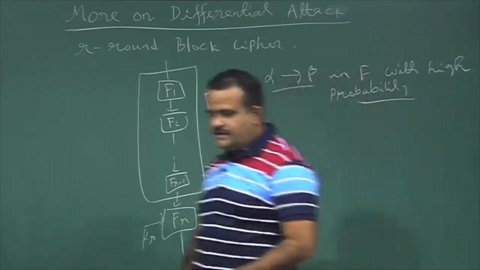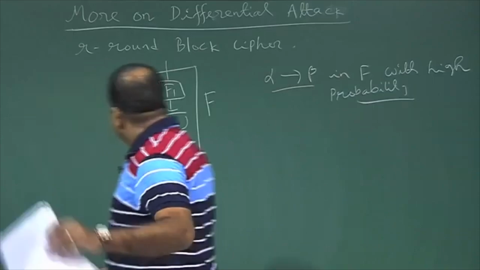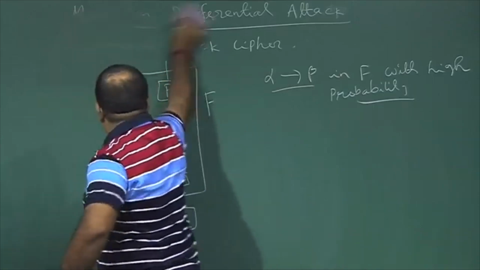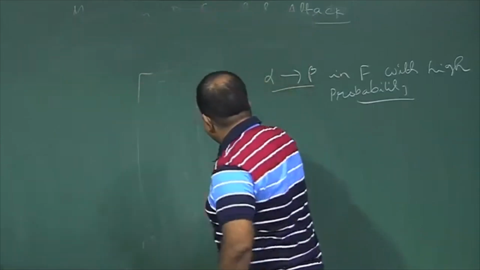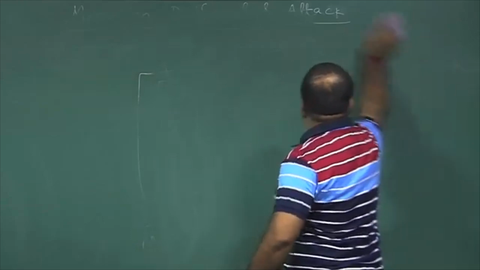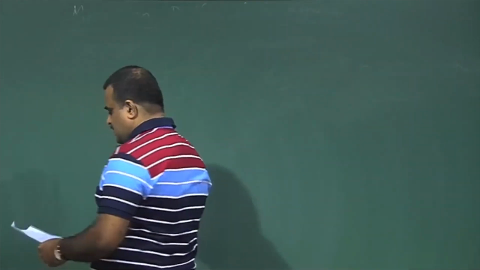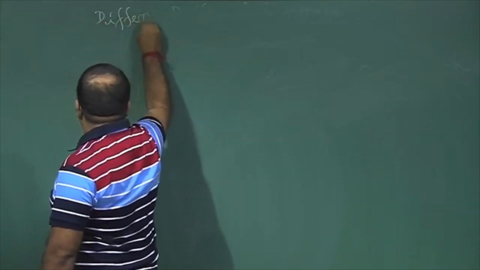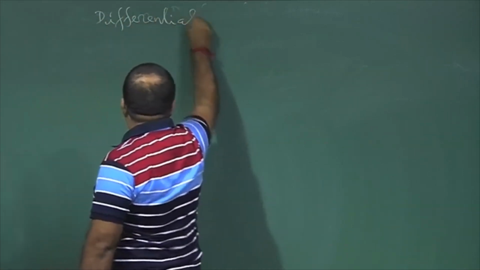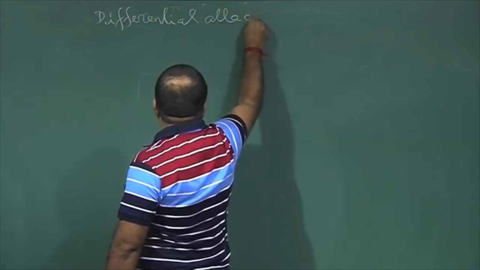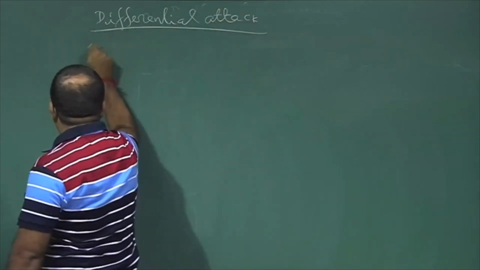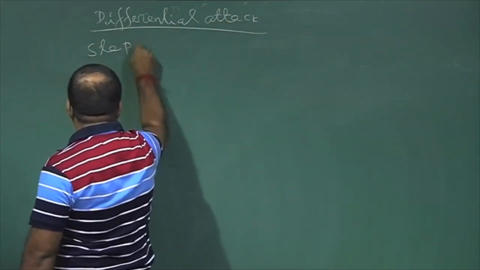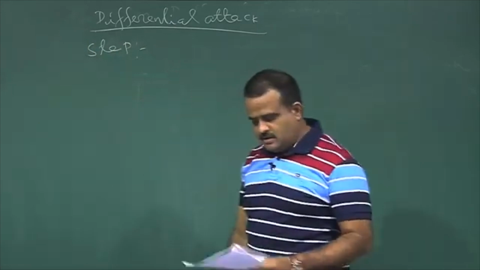So let us write the steps of this attack. Step 1. This is the differential attack on an R round block cipher. In the first step we try to find alpha, beta.